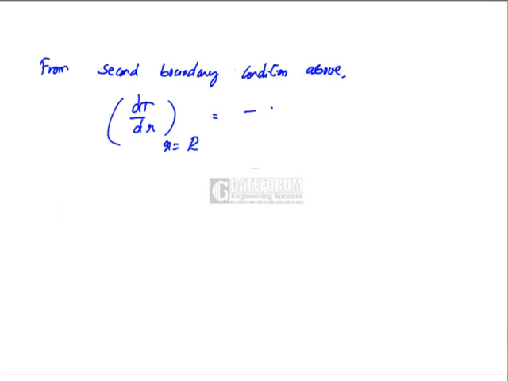From the second boundary condition above, dT/dr at r is equal to capital R is minus q dot R by 2k, that is equal to minus q dot R by 2k plus C1 by R, which implies C1 is equal to 0.